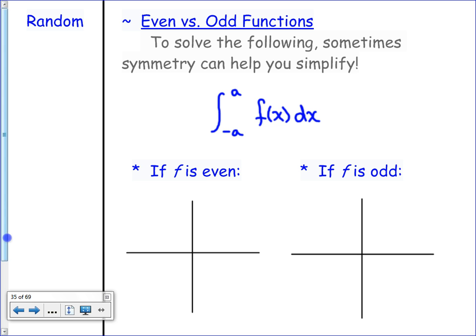Sections 6.6 and 6.8, I mushed them together because they're so similar. You guys got it? We have two random pages because we haven't written very clear notes on even and odd, besides the pre-cal stuff in the beginning of the year. F of negative x is equal to negative f of x for odd. F of negative x is equal to f of x for even.